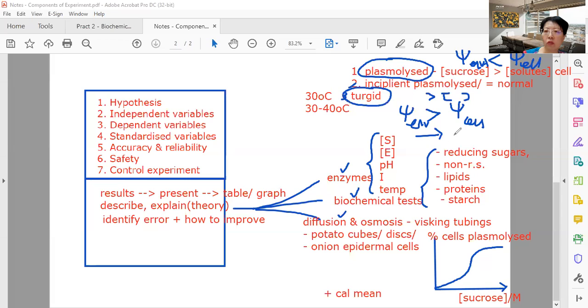So is the original solute concentration inside the cell higher or lower than the environment? Dafina? The solute of the cell is higher than the sucrose concentration. Correct. The original solute concentration in the cell is higher than the surrounding. That's why there's a net water movement into the cell.